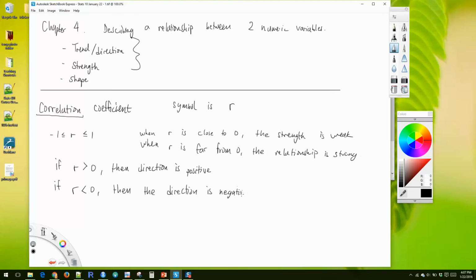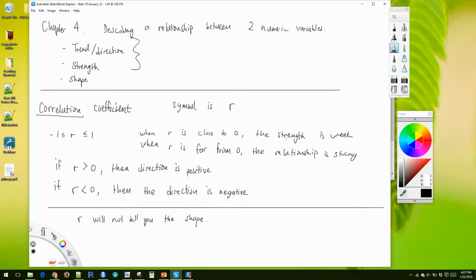Simple enough. There's a small catch though. R will not tell you the shape of the relationship. You can always throw two numeric variables into the formula to get correlation, and it's going to spit back a value.